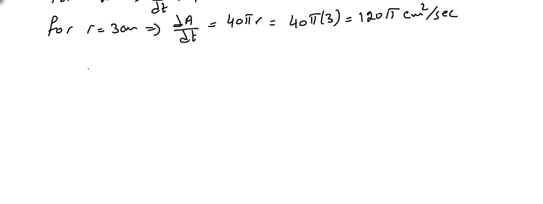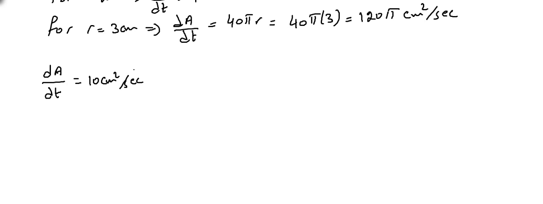Let's go for the other parts. But we have to be careful here, because suppose the surface area of the sphere is now increasing at a rate of 10 centimeters squared per second. So suppose it's given that dA/dt is 10 centimeters squared per second.